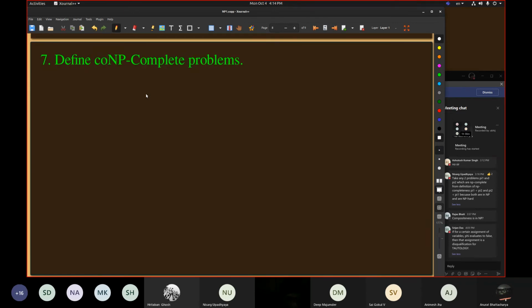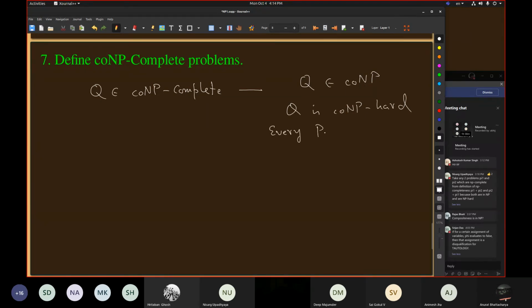Okay, so maybe I just give you some small hints. A problem Q is co-NP complete if Q is in co-NP and Q is co-NP hard, which means every P in co-NP reduces to Q in polynomial time.